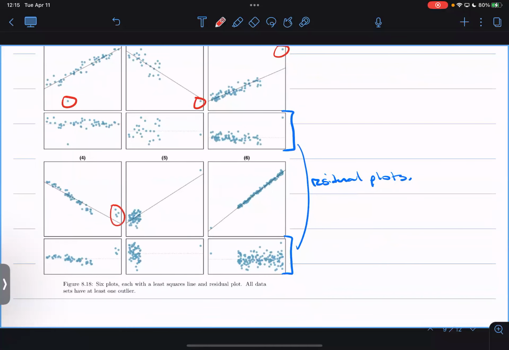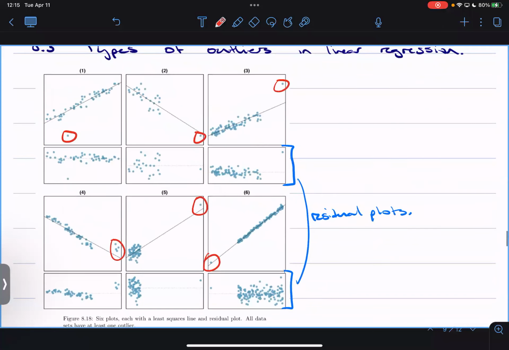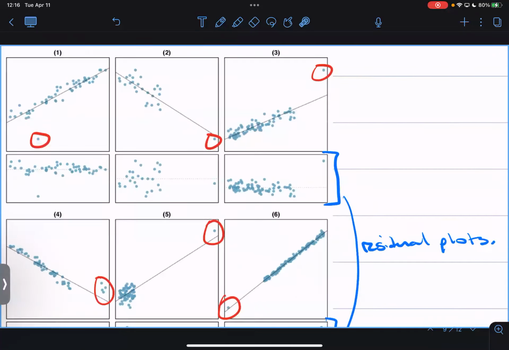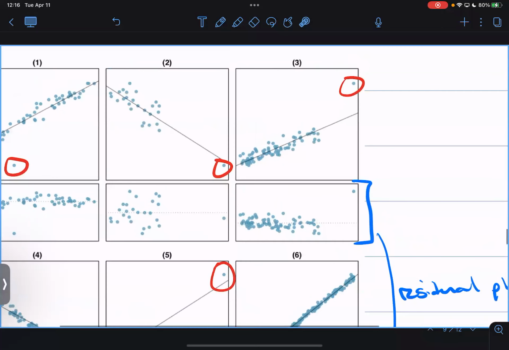I might have this cluster, and this guy here. Now, the difference between, let's look at plot number 2 and plot number 5.